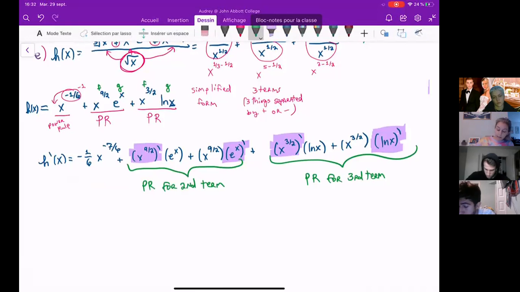And now I finish by taking the derivatives of the things that I've highlighted there that still have those primes on them. Nothing else changes.